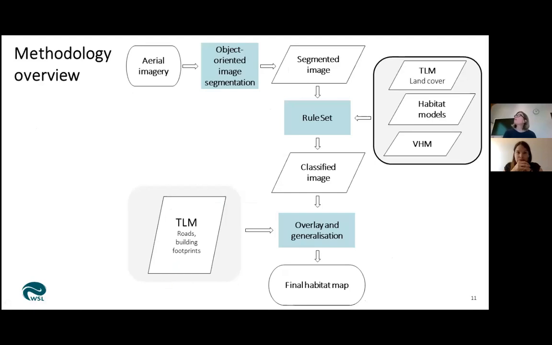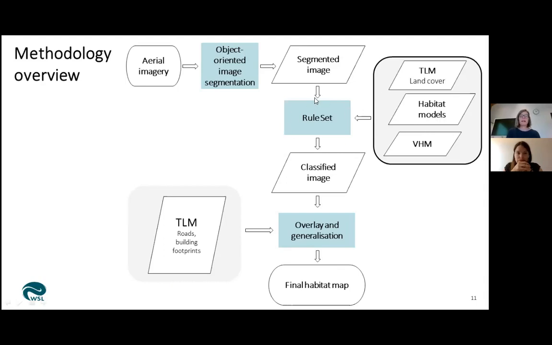So our methodology, coming from the remote sensing perspective, was to start with the base of aerial imagery. I'll go through this in more detail in a moment, but then we wanted to segment that imagery into image segments based on similarities with NDVI, spectral reflectance.